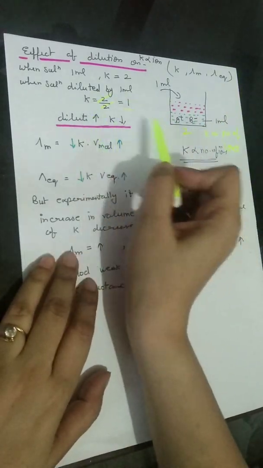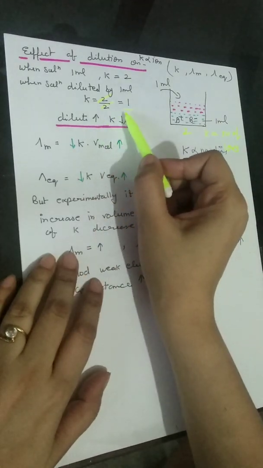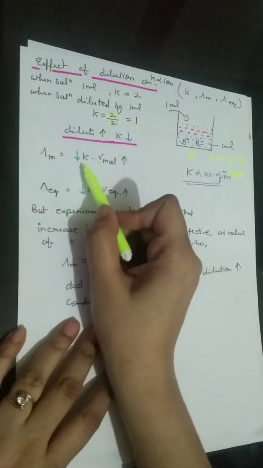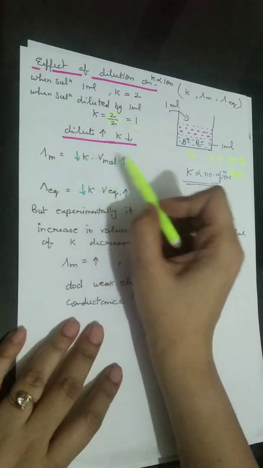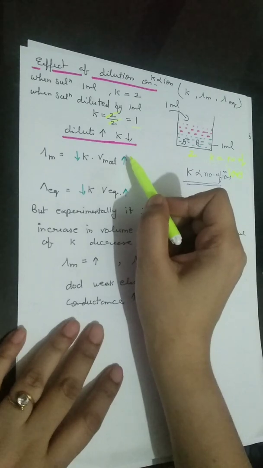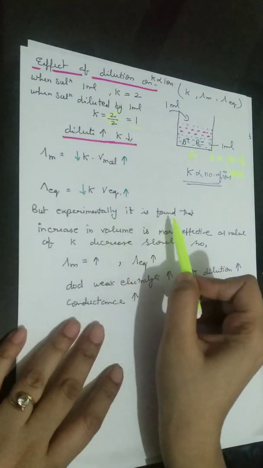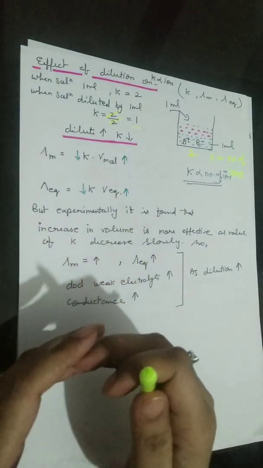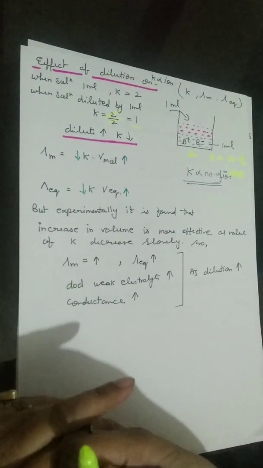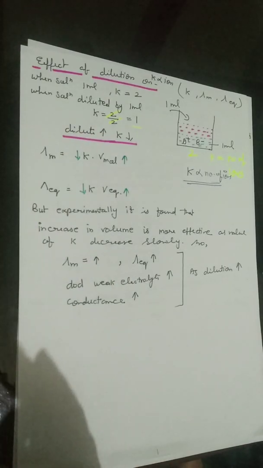So we learned that as we dilute the solution, kappa decreases. Now molar conductance is equal to kappa times V. We know that as the volume increases, kappa decreases. But experimentally it is found that as the volume of the solution increases, the value of kappa decreases only slowly.